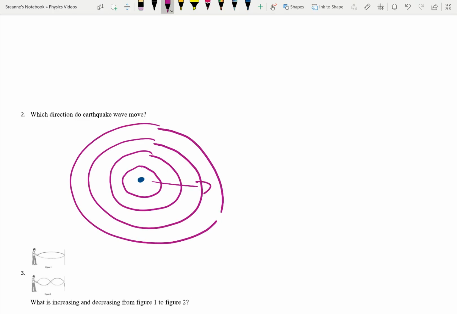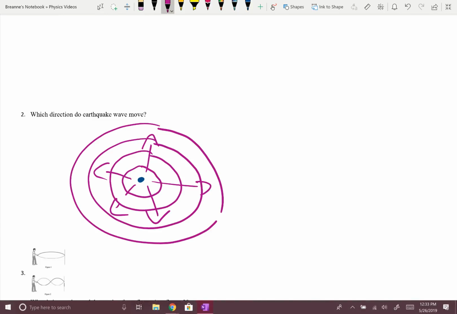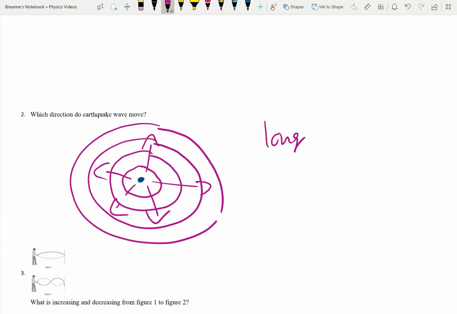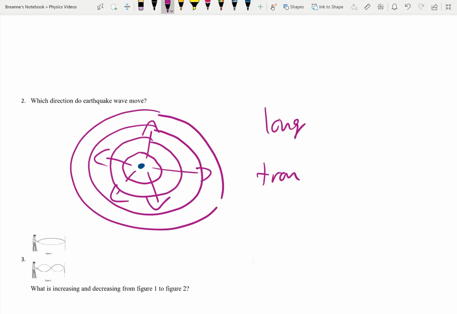The reason earthquakes are so violent is because in one earthquake there are 2 different types of waves, the longitudinal and the transverse, going out from the point of origin. They're so violent because they're moving perpendicular and parallel to each other, just radiating outward.